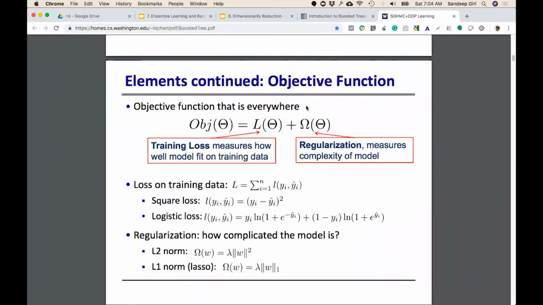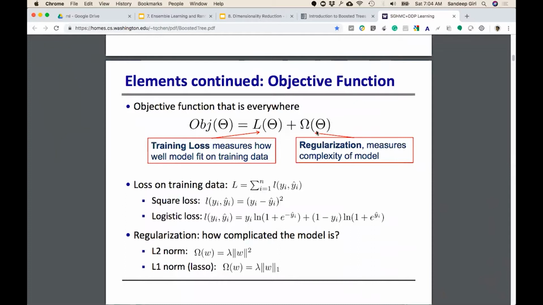So what happens in the case of XGBoost is that as you add a leaf or create trees, on one hand the training loss is going to come down, and on the other hand the regularization term is going to go up.